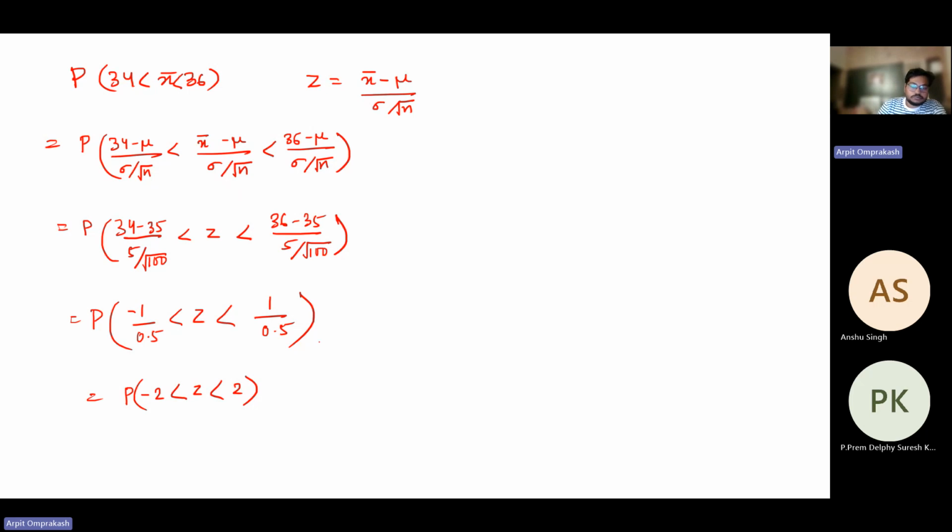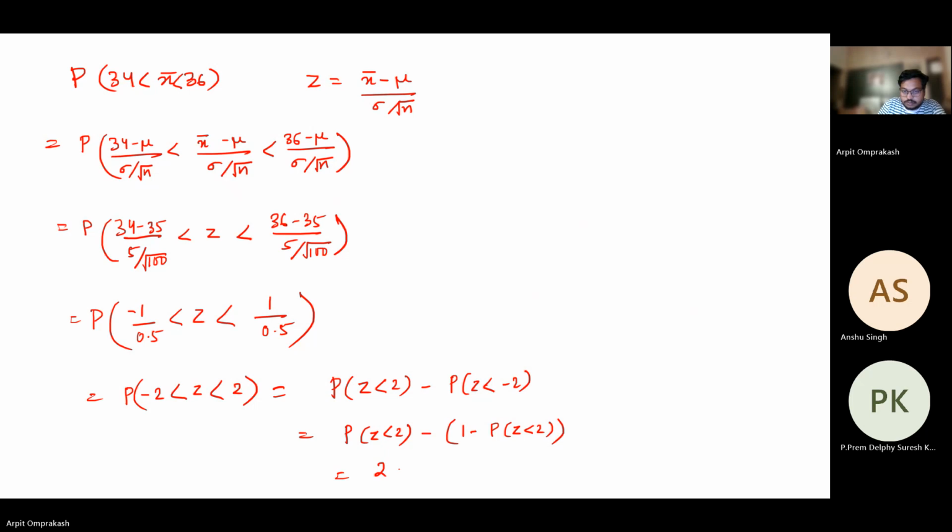So this we can again write as probability that z is less than 2 minus probability that z is less than -2, which is equal to probability that z is less than 2 minus 1 minus probability that z is less than 2, so 2 into probability that z is less than 2, minus 1.